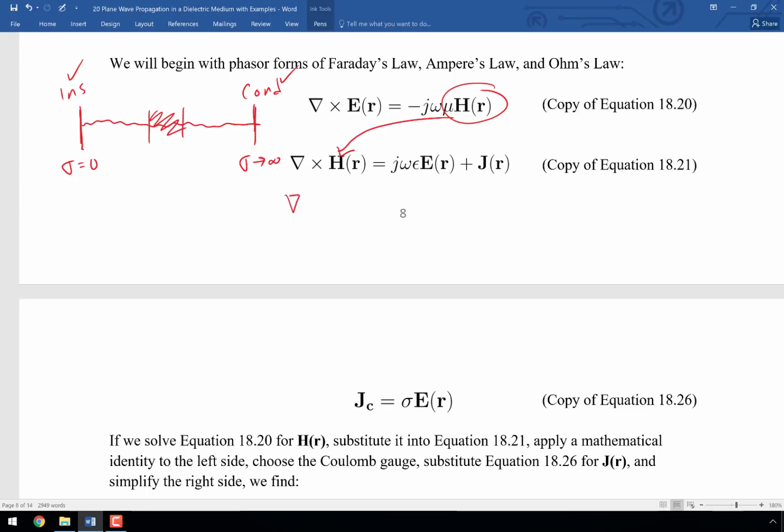We ended up with the curl of E on the left-hand side, which became the Laplacian of E minus the gradient of the divergence of E. We said we're going to choose the Coulomb gauge, which makes that term go to 0, so that the left-hand side is just the Laplacian of E.